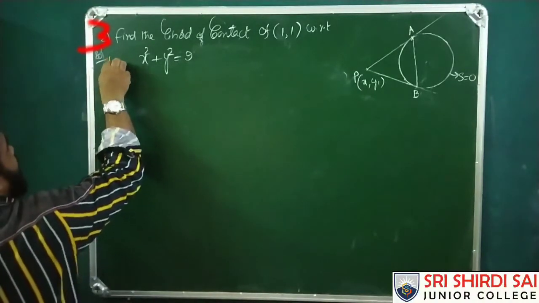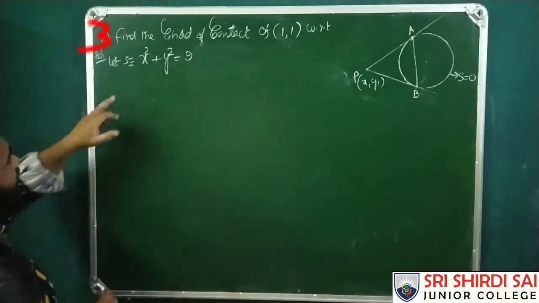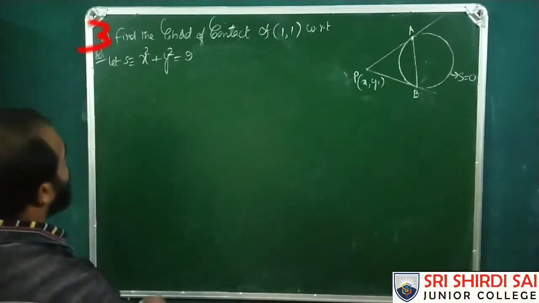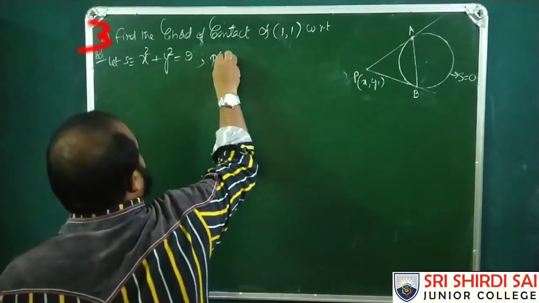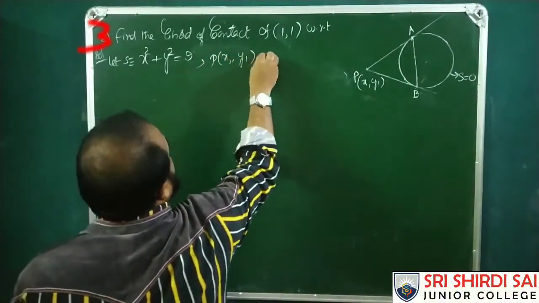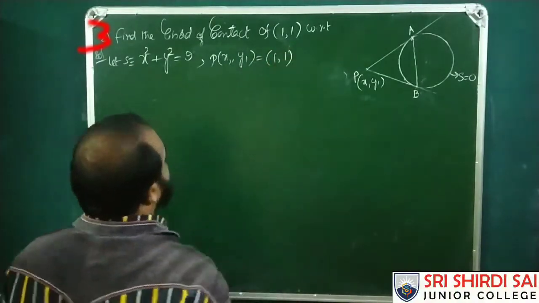Let S be x square plus y square minus 9 equals 0, and P x1 y1 is 1, 1.